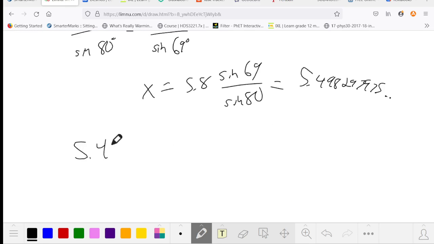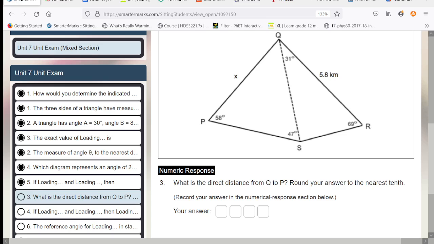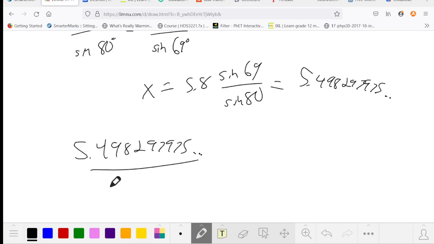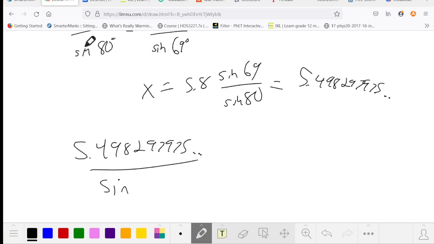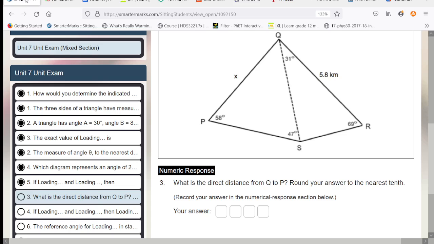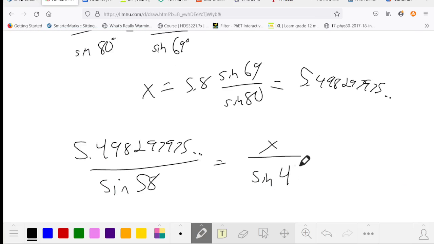So our 5.498297975 yada yada yada over the sine of the side opposite it, which is 58, is the current unknown over the sine of 47 degrees.